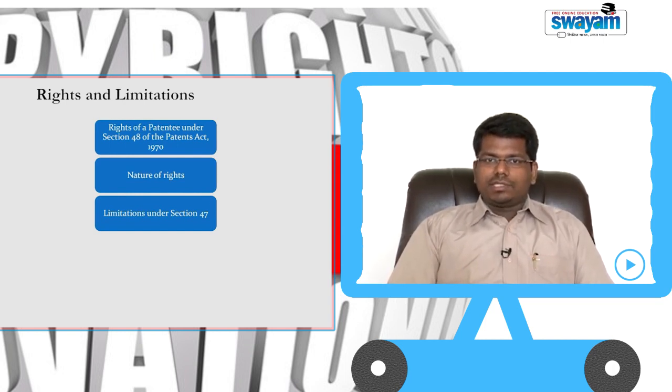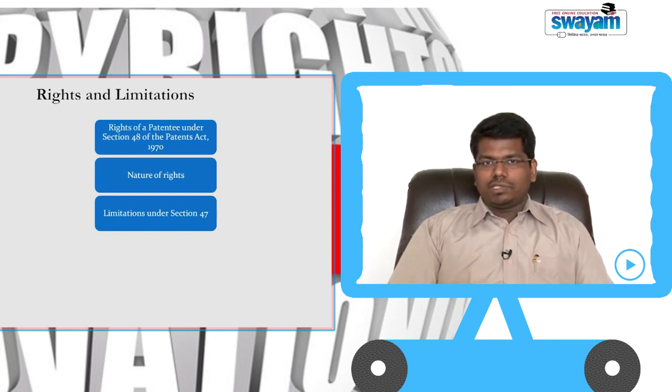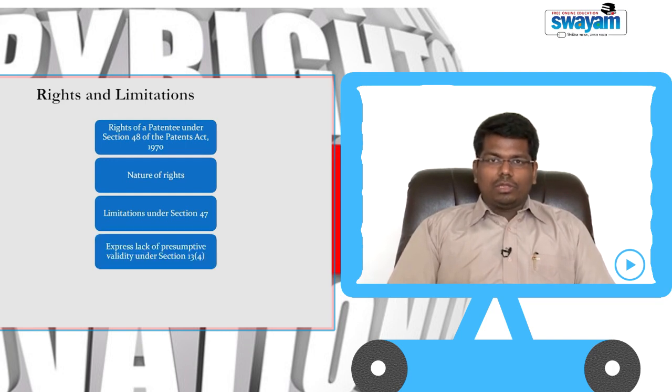Now, these conditions not only act as limitations on the right of a patentee under section 48, these also act as prospective defenses if a third party is sued by the patentee for infringement. One of the things that's interesting about the Patents Act 1970 is that although it grants a right, it expressly disclaims any presumptive validity owing to the mere factum of grant.